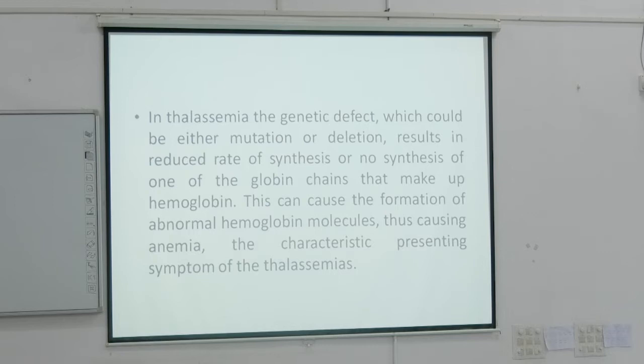Four globin chains of two types, alpha and beta. That is for HbA1. For HbA2, two alpha and two delta. These can cause formation of abnormal hemoglobin molecules, thus causing anemia and the characteristic symptoms of thalassemias.